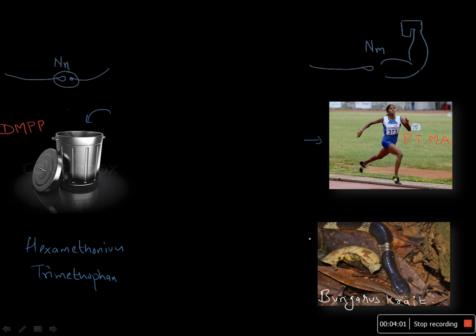An antagonist for the NM junction is the toxin secreted by the snake called alpha bungarotoxin. I don't know who gave this weird name, but alpha bungarotoxin is an antagonist for the NM junction. Another famous antagonist for the NM junction is D-tubocurarine. These are the agonists and antagonists for nicotinic receptors.